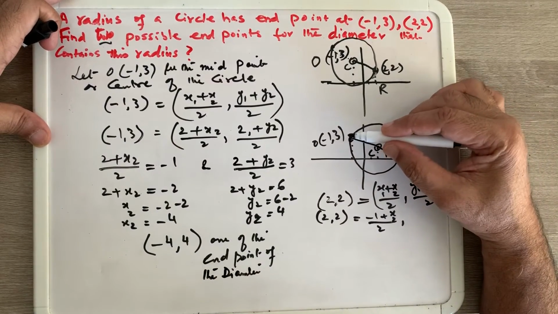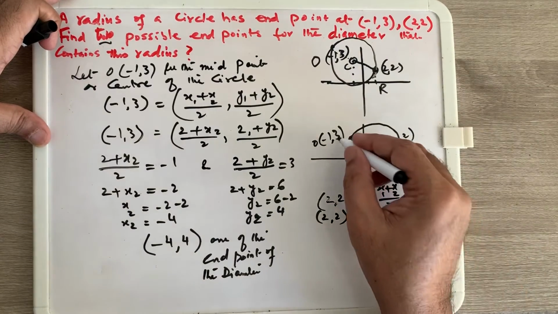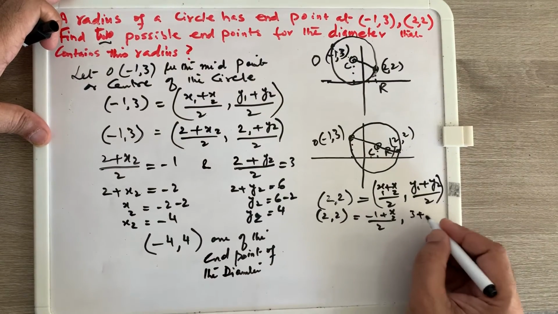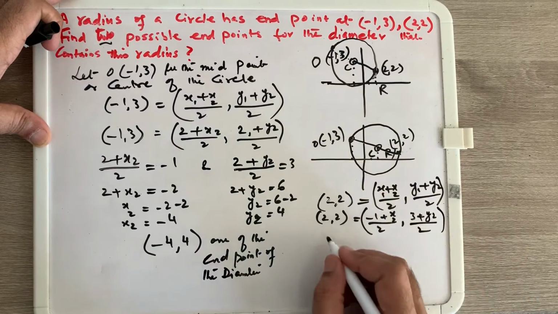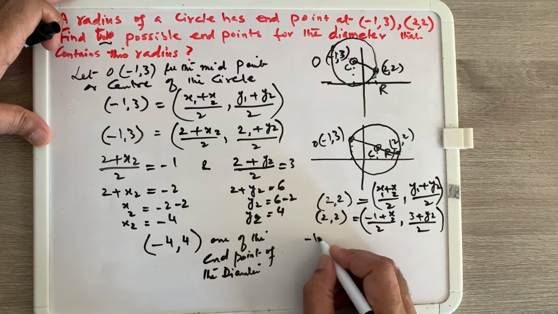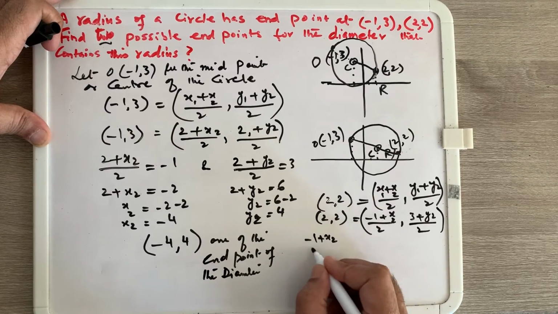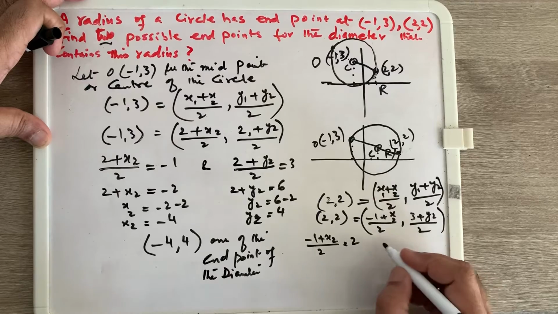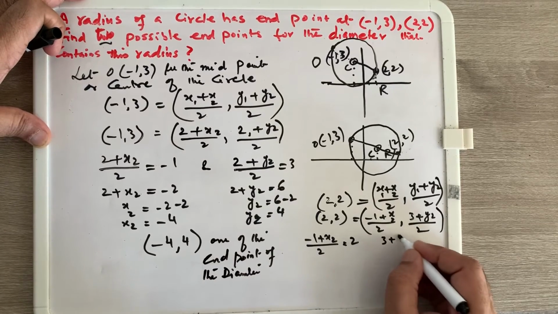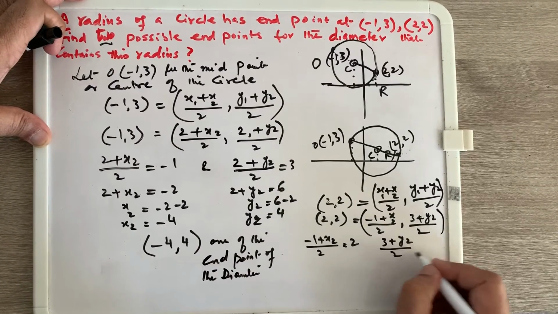So I have the y coordinate as 3. So here it is: (3 plus y2) divided by 2. Now my x portion will be equal to the x coordinate: (minus 1 plus x2) divided by 2 is equal to 2, and the second one is (3 plus y2) divided by 2 is equal to 2.